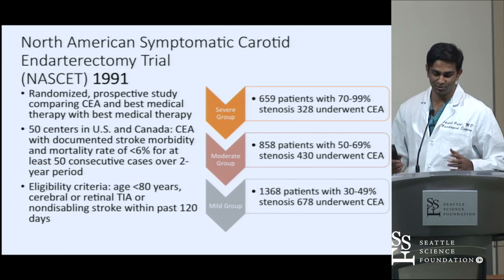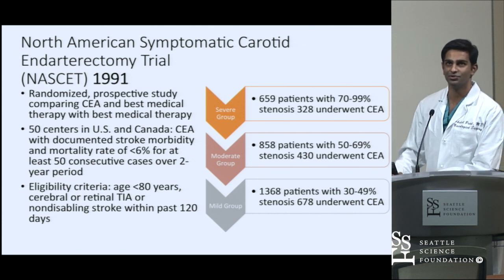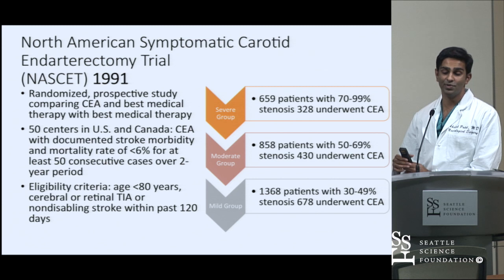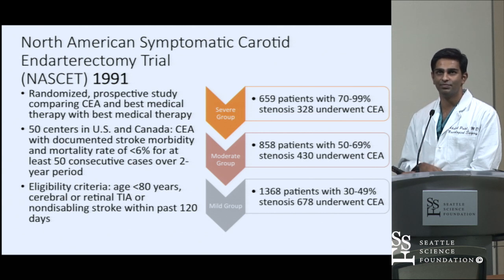Let's talk about the symptomatic patients. So, changing gears a little bit, basically those two major trials again that looked at symptomatic patients, and you have probably heard of these trials before. But NASCET was a prospective randomized controlled study of CEA versus best medical management. Best medical management at the time was actually a combination of things: aspirin or anticoagulation, smoking cessation, or lipid therapy.